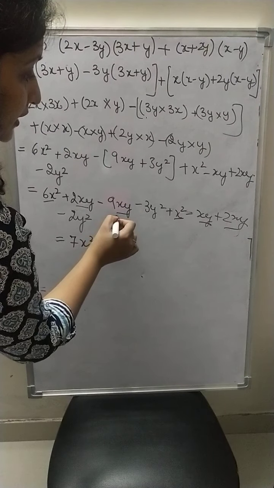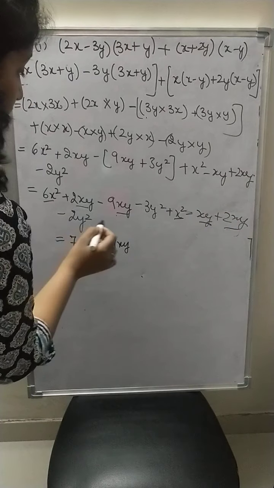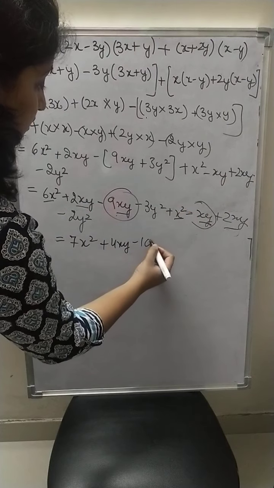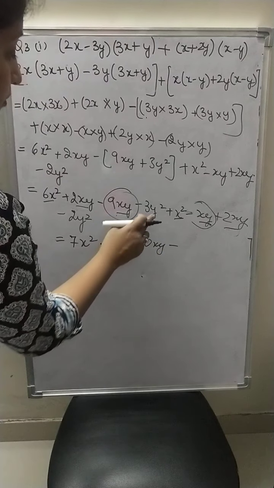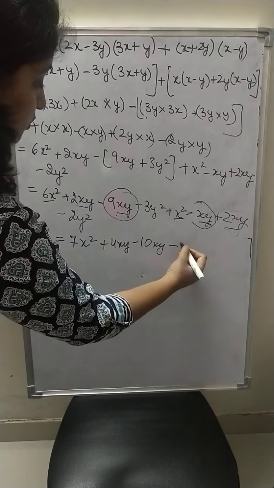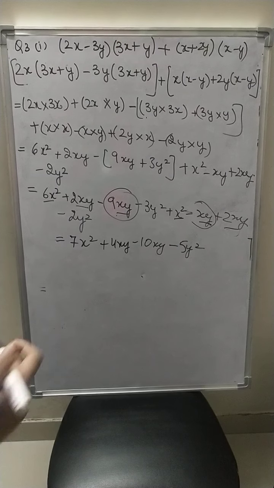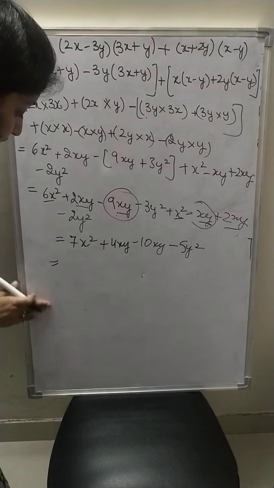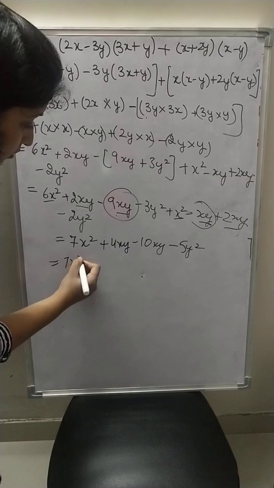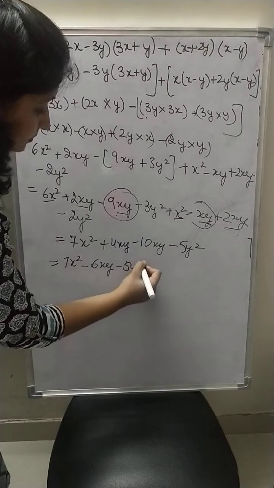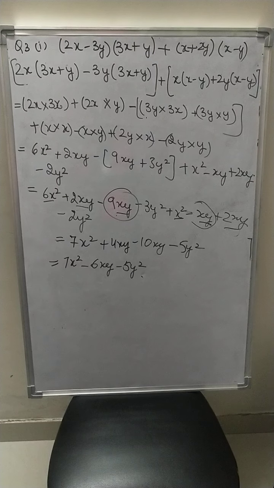This term minus 9xy and this term minus xy, both negative. So I write minus 10xy. And here minus 3y square and minus 2y square will give me minus 5y square. Now the next step, I again simplify this. So 7x square minus 6xy minus 5y square. So that is your first part of this question.